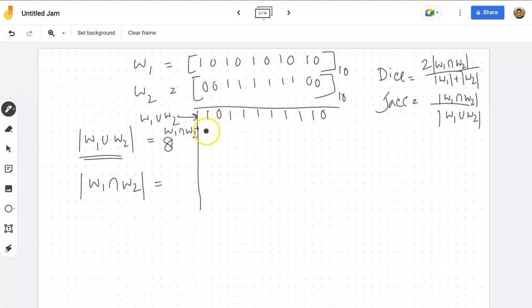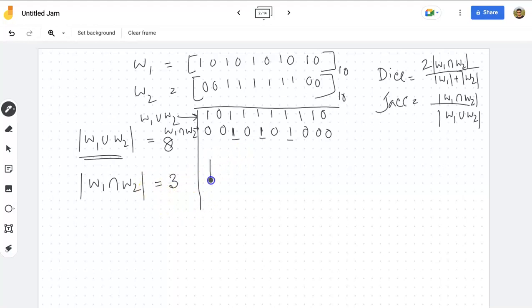So for the first dimension it will be 0 because one of them is 0. This is also 0, but this will be 1. This will be again 0, this will be 1, again 0, 1, 0, 0, 0. So out of these 10 dimensions, only 3 are 1s. So the intersection of W1 and W2 will be 3.